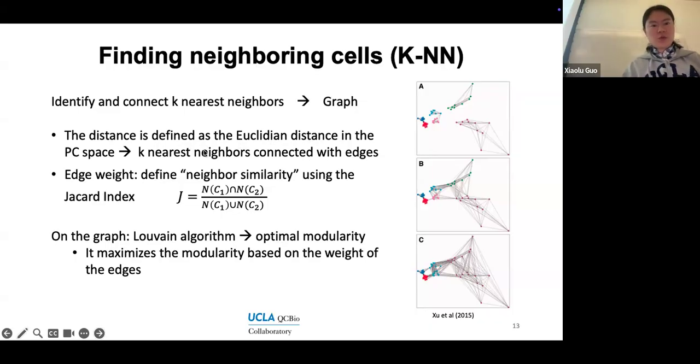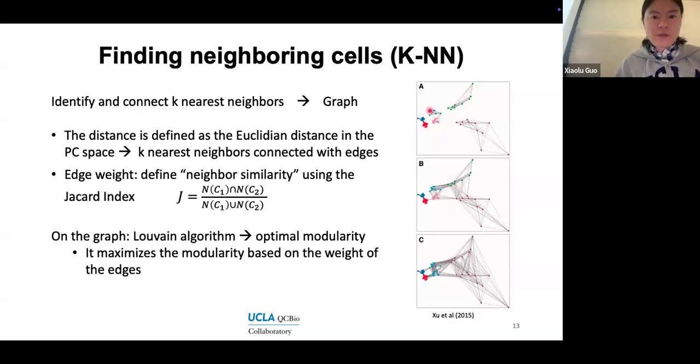For those neighbors, we connect each of those cells with an edge. Here shows an illustration. Each dot is a cell, and each edge represents that they are considered neighbors. We want to use that to define clusters.